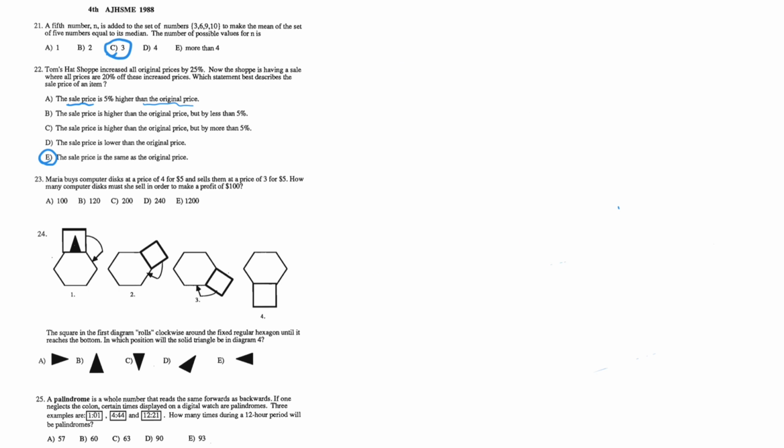Number 23, Maria buys computer disks at a price of 4 for $5 and sells them at a price of 3 for $5. How many computer disks must she sell in order to make a profit of $100? The profit is the price minus cost.